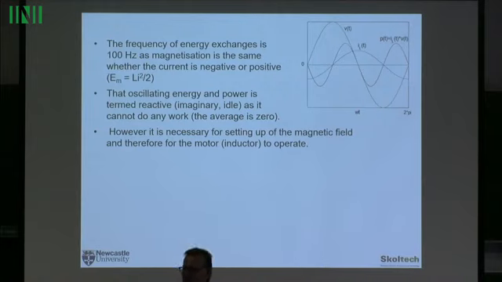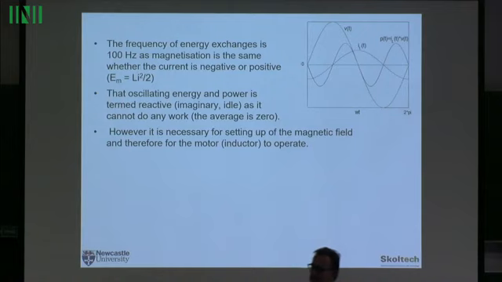But because the network is AC, they are connected by inverters, which change DC into AC. And with those inverters, which are power electronic devices, you can program them in such a way that they can control the phase shift between the voltage and the current. And by controlling the phase shift, they can control reactive power.